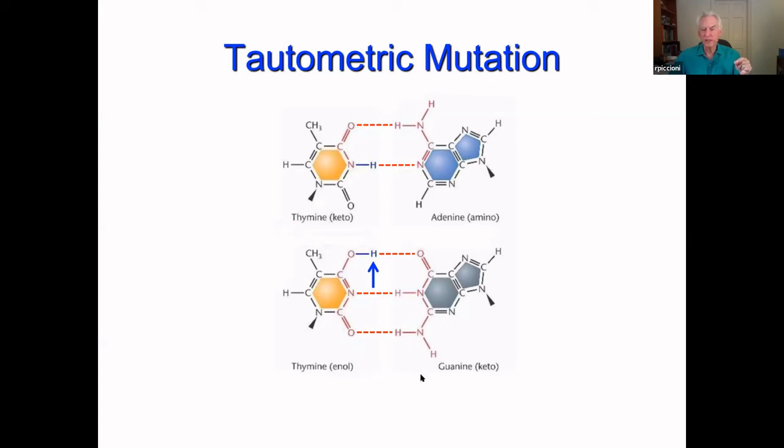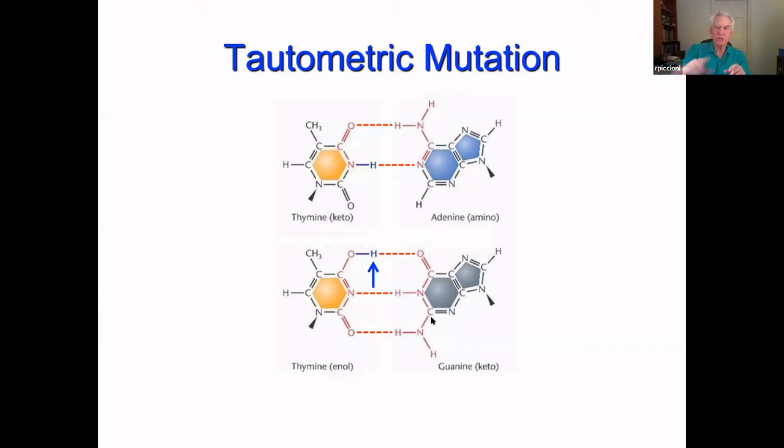So the enol type will bond with guanine instead of adenine. So this is a mutation. If you make the smallest possible molecular change, you have changed the genetic code of future generations.